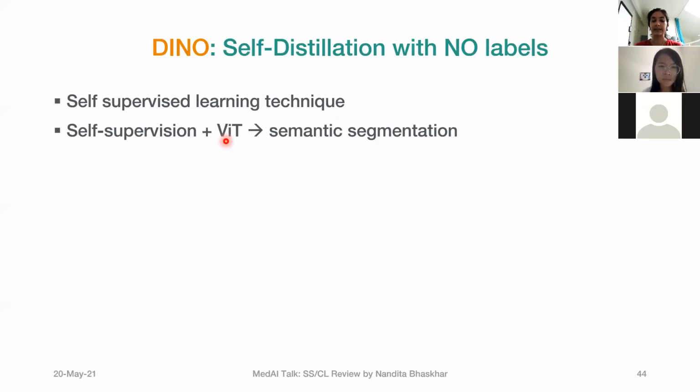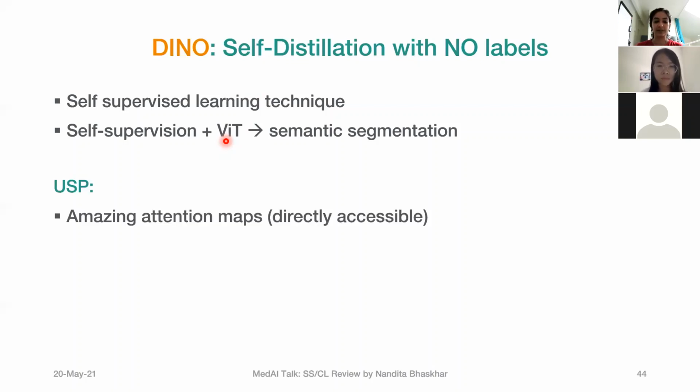DINO is the paper that moved from ResNet-based encoders to a vision transformer, which supposedly does semantic segmentation directly. The USP is that the attention maps they produce are pretty amazing. The attention maps extracted from the last layer do the segmentation really well.